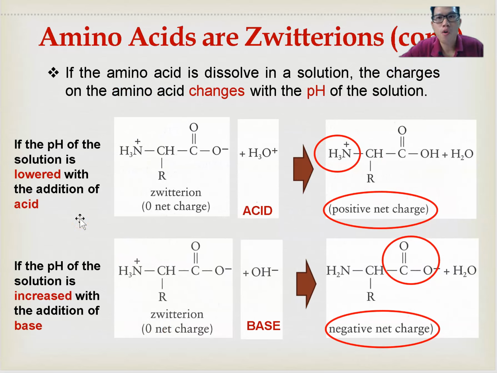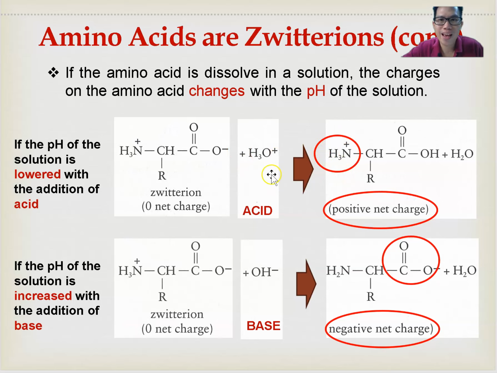As I mentioned before, you can change the charge due to a change in the environment, the pH of the environment. A change in the pH can induce a change in the charge.